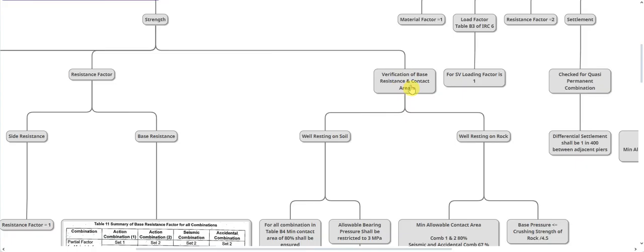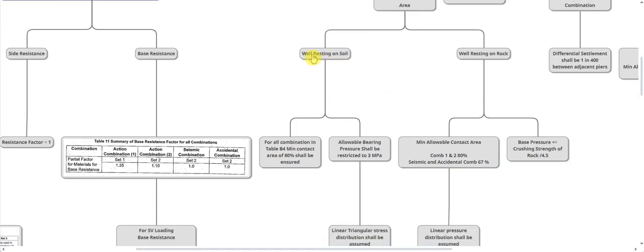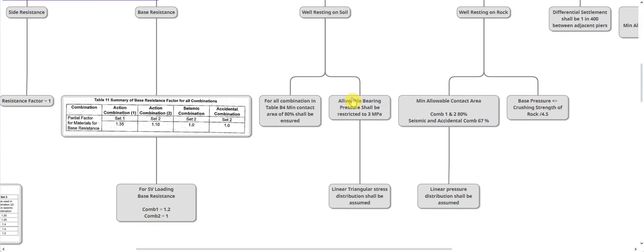Moving on to the next part, that is the verification of base resistance and contact area. In this we are discussing in terms of the ultimate limit state. So there can be two cases. Well is either resting on soil or resting on rock.